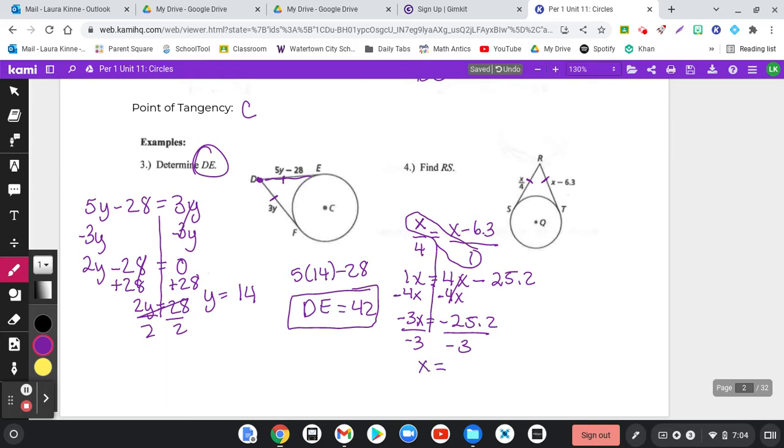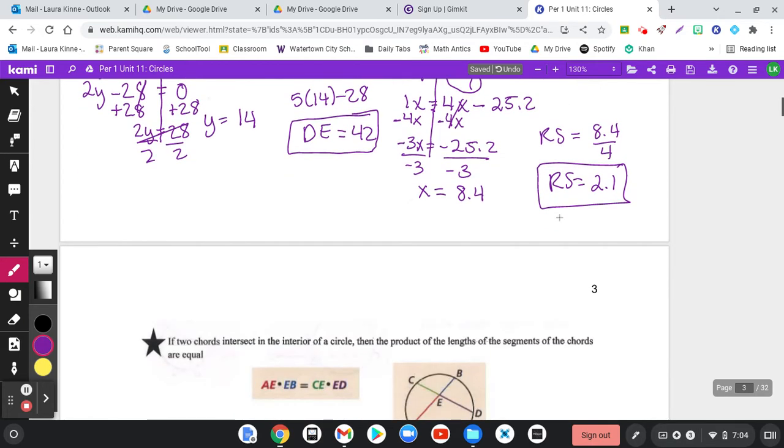Negative divided by negative is positive 8.4. So there's your x value. We'll want you to find RS. RS is x divided by 4, so 8.4 divided by 4, RS is going to be equal to 2.1. Okay, so again, when you have two tangent lines drawn from the same point, those values are equal.